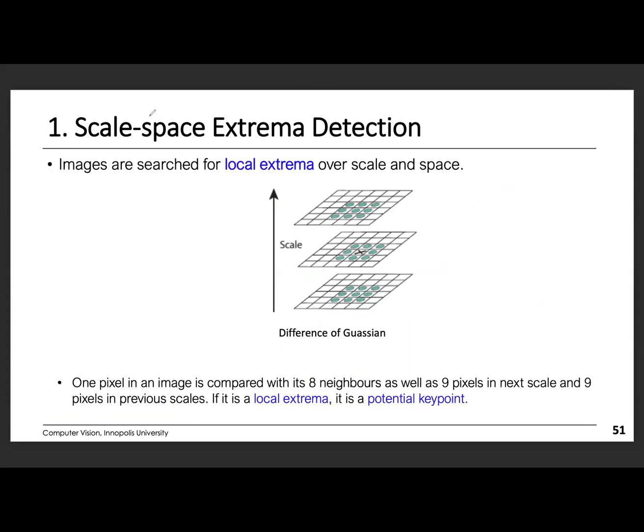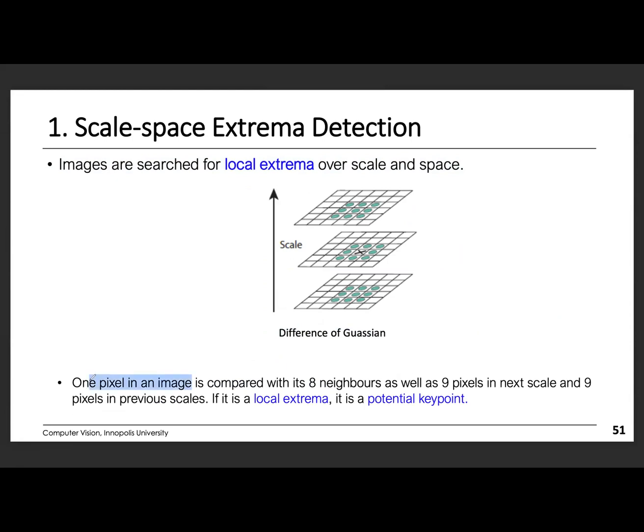Basically, we will be searching all of those differences of Gaussians for a local extrema. So just that one point, that one scale that makes it a perfect corner, right?